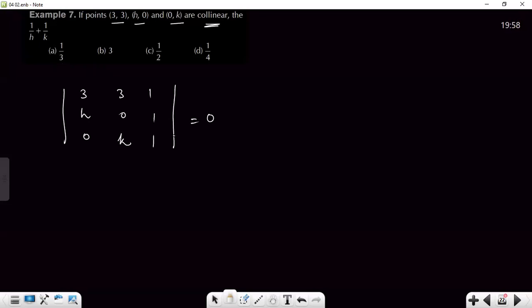This is 0. Solving the determinant: 3 into 0 into 1, 0, minus of k, minus of 3 into h minus 0, plus 1 into hk minus 0 should be equal to 0.